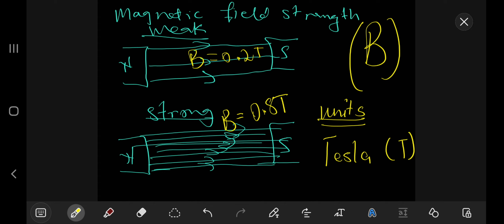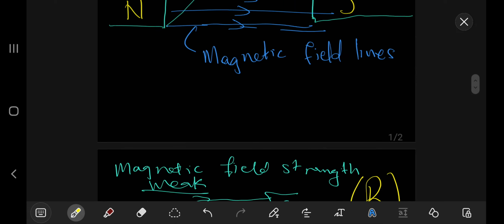So you see that if we use weak magnets, the magnetic field strength is low, right? And if we use strong magnets, the magnetic field strength is high, and the units are Tesla, right?